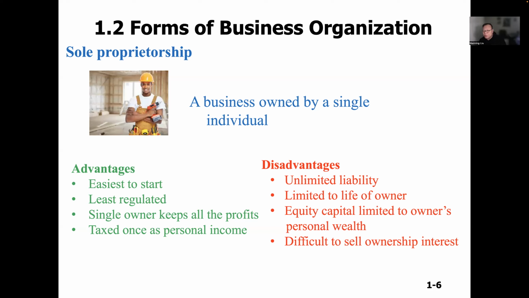Equity capital is limited to the owner's personal wealth. How much equity can you start with? Basically, it's very limited. How much money do you have in the bank? That's the equity you can start with. Let's say I'm a sole proprietorship and I want to do an Airbnb hosting business, and I only have, let's say, $400,000 in the bank.